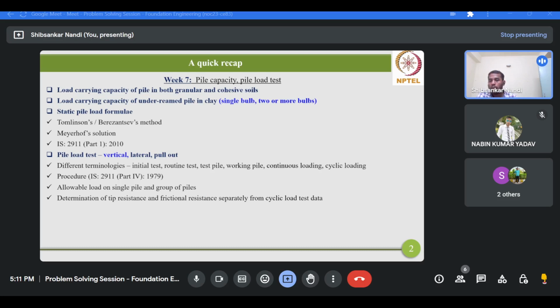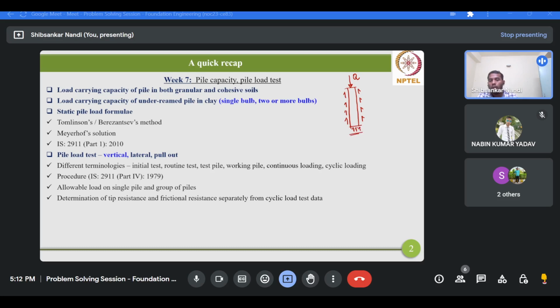Most importantly, from the cyclic load test data, you can determine the tip resistance and the frictional resistance separately. As you know, when a pile of length L and diameter D is subjected to some load Q, this load is partly supported by the mobilized friction along the length of the pile, and the rest is supported by the bearing resistance at the pile tip.